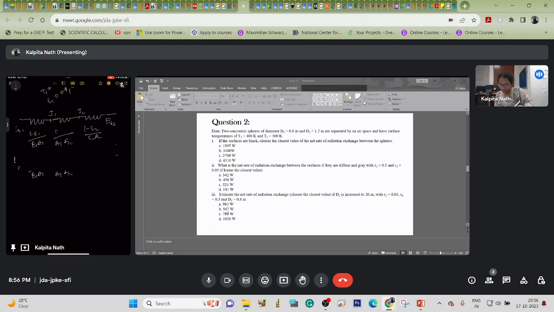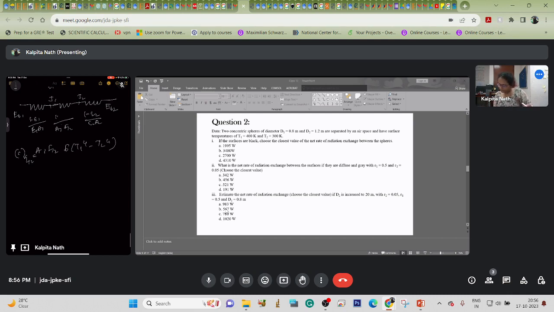Now for the first part, we'll just assume it as a black body. So we'll just calculate Q12. This will be A1 F12 sigma (T1 to the power 4 minus T2 to the power 4), following Stefan-Boltzmann's law.